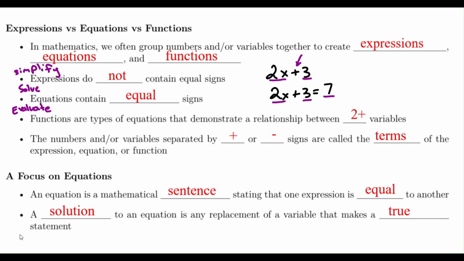A solution to an equation is any time that you can replace the variable with a value and it makes it true. So it's the value of the variable that makes the equation true. We can find these out by substituting them back in and verifying that they work.